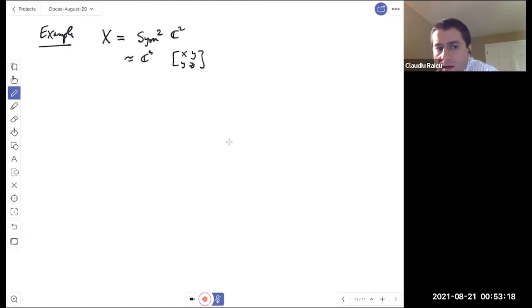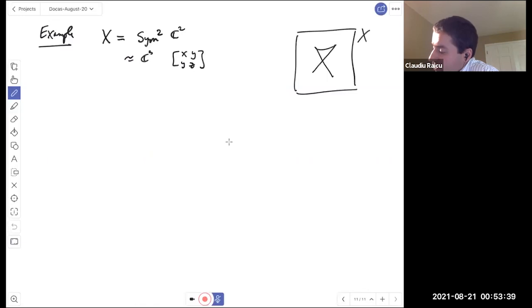If you think about what the matrix stratification is, well, you have affine 3-space, this is your X, and then the rank at most 1 matrices means vanishing determinant, that's the zero locus of a quadratic, that's this quadratic cone, and rank 0, that's the origin. So I guess this would be X0, X1, X2. So we've kind of seen this example before.